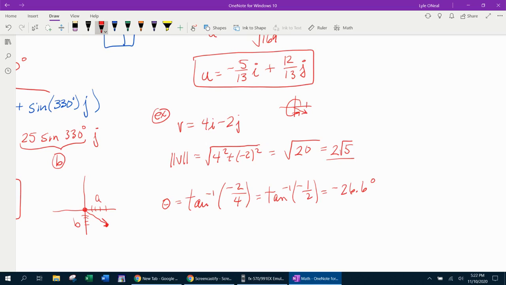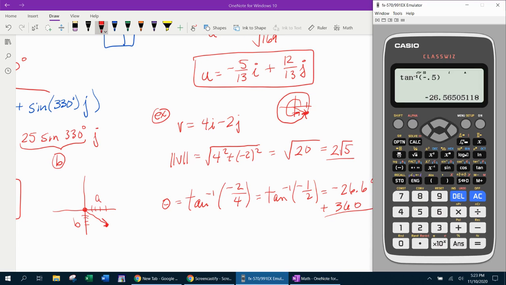However, I want the positive equivalent to that. To get the positive equivalent, we're going to add 360. I hope that makes sense to you. If I'm in quadrant 4 and I want to go around and return to the same location, I need to make a full circle. That's why we add 360.